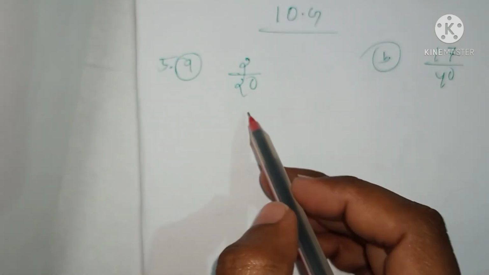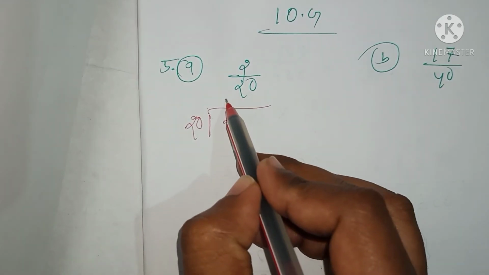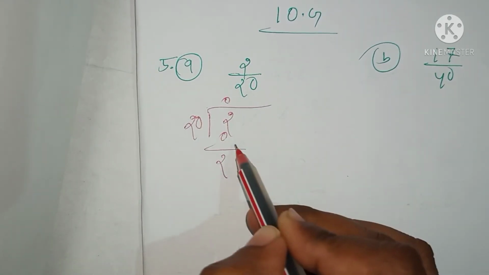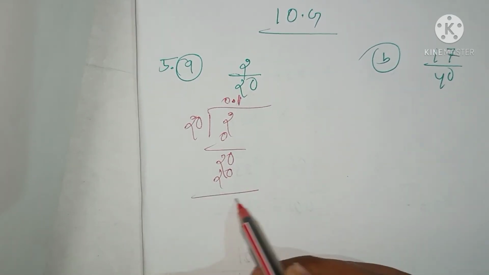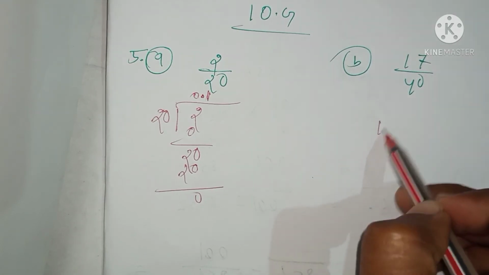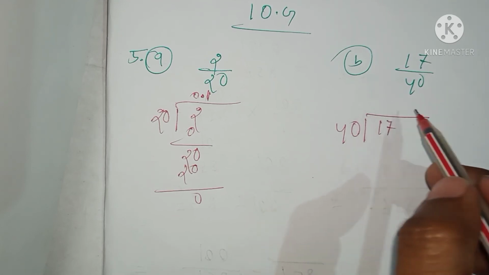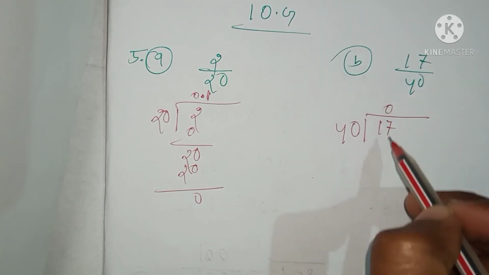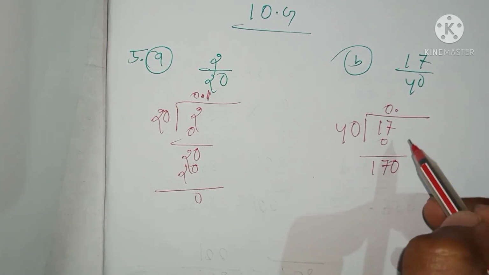Similarly question 5 A, that is 2 divided by 20. So 20 into 0 equals 0. So 2, put a point, then 0, 2 1s is 20. So the answer is 0.1. Similarly B, this one is 17 divided by 40. Okay, so this one, 40 zeros are 0, so 17. So here point means 0.